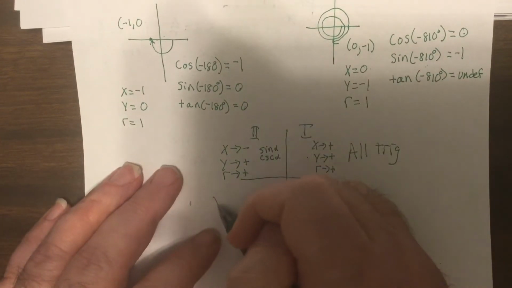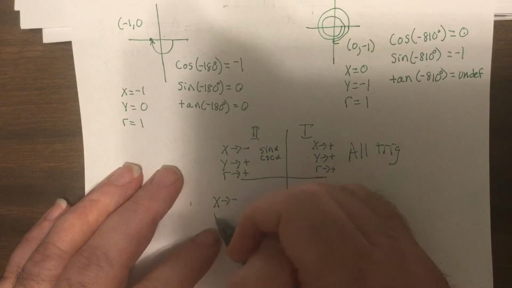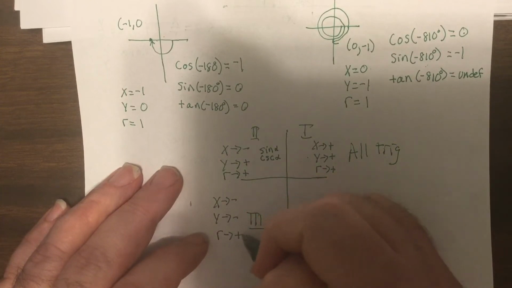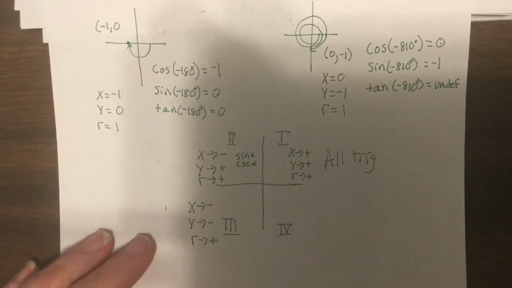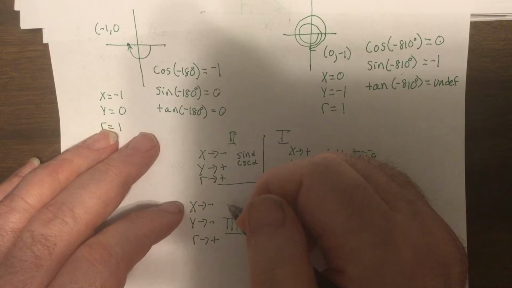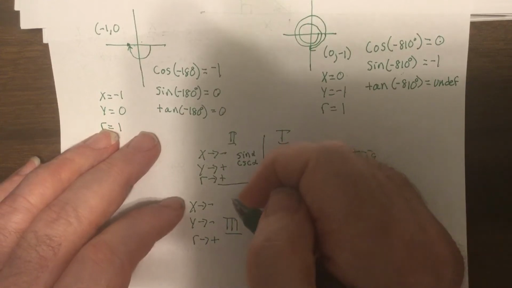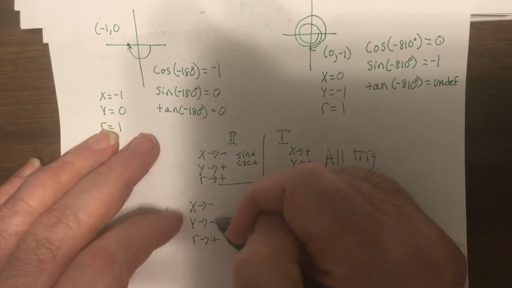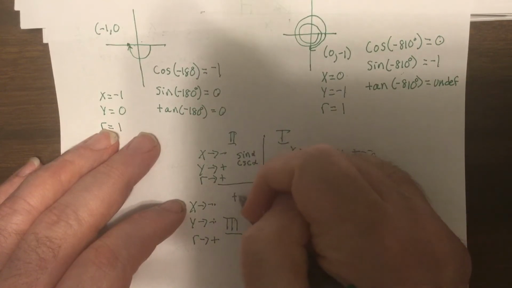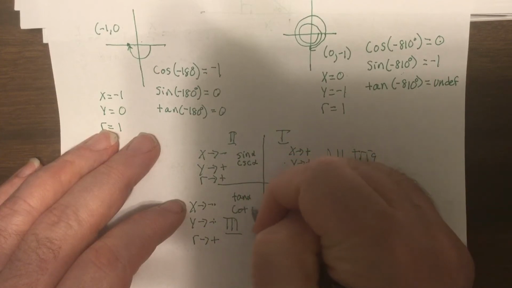Third quadrant, x is negative, y is negative, r is always positive. You better get that right on the pop quiz when we have it. R is positive, because I've said it 142,000 times already. So anything that has y and x is positive because two negatives make a positive, and that's tangent and cotangent.